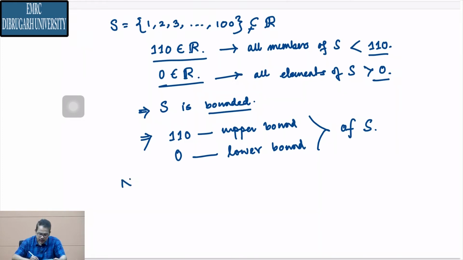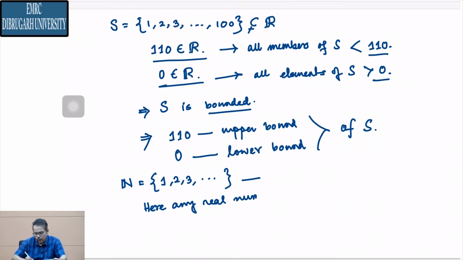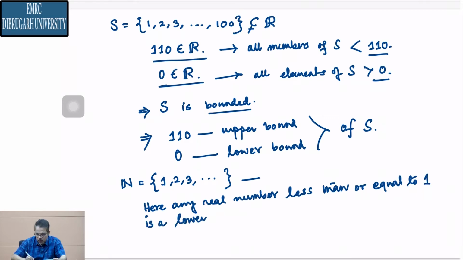Now, take another example, the set of natural numbers, which is 1, 2, 3 and so on up to infinity. Here any real number less than or equal to 1 is a lower bound. What about an upper bound of this set?